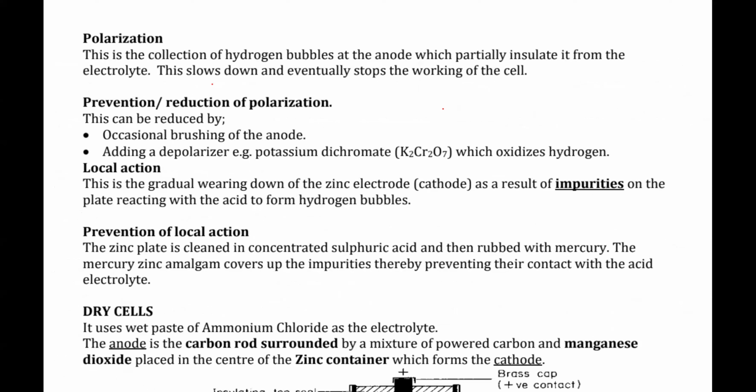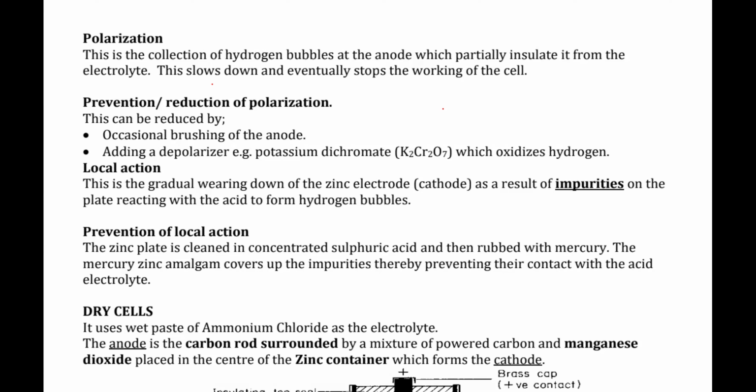That is it. Then lastly is local action. Remember they told us that the zinc electrode will dissolve. When the zinc electrode dissolves, as a result of the impurities it has, it will keep on reacting with the acid to form hydrogen bubbles also.